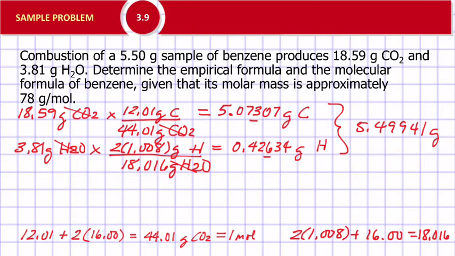We started out with 5.50 grams. So the difference would be the amount of oxygen. So 5.50 minus that, 5.50 minus this gives me 0.00059.